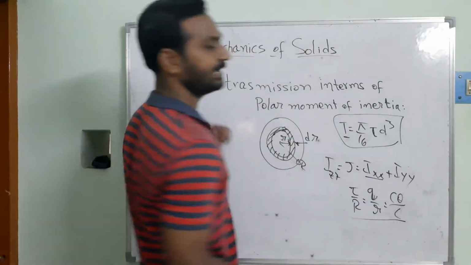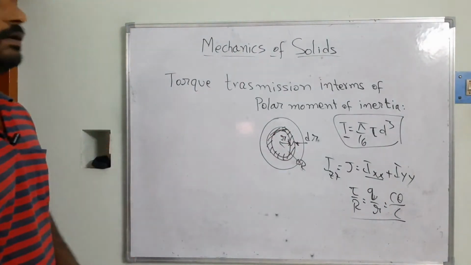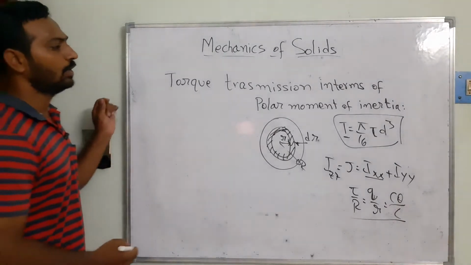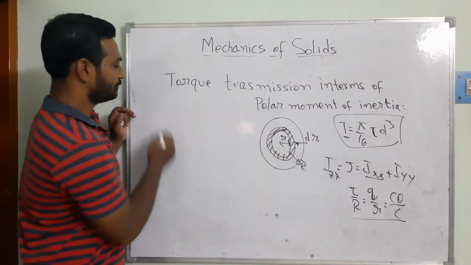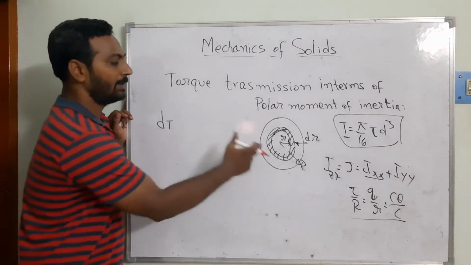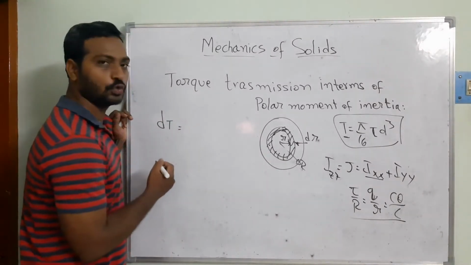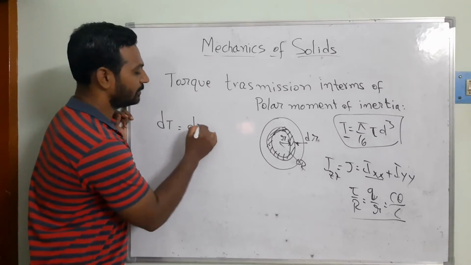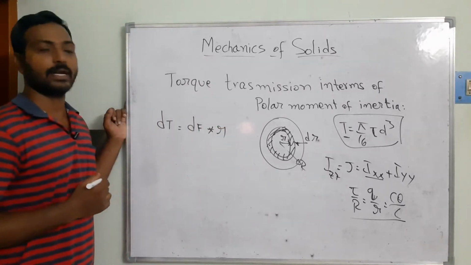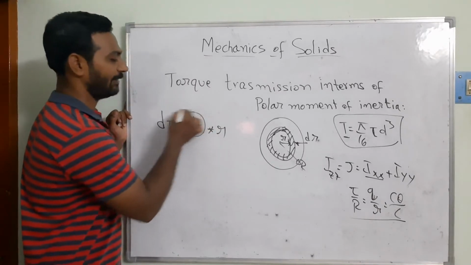By using these equations we will try to find the torque transmission in terms of the polar moment of inertia. This member is subjected to dT, the torque transmitted by the elemental ring, which is equal to dF, the force, into the radius we are considering. So how do we find dF?